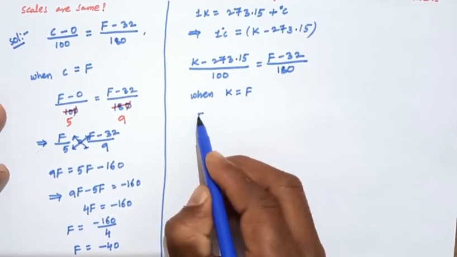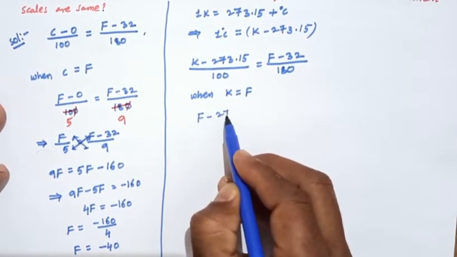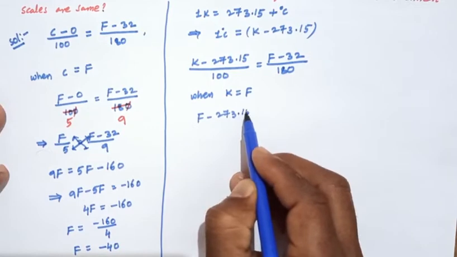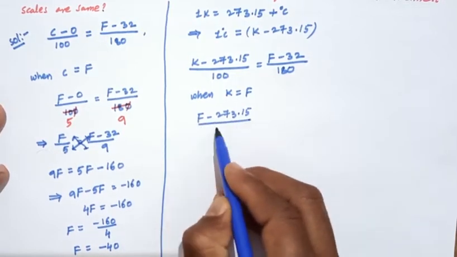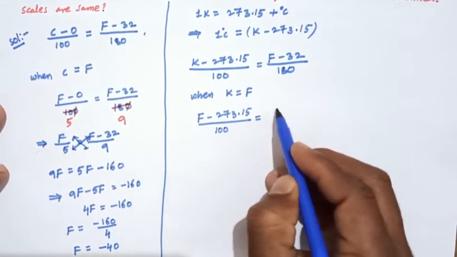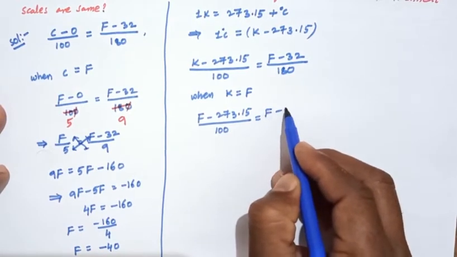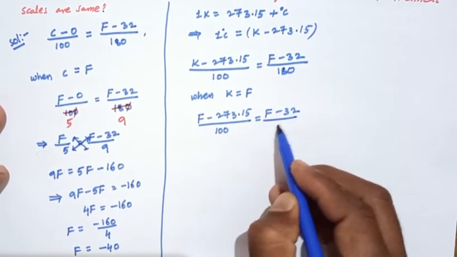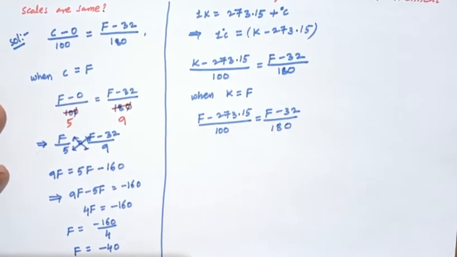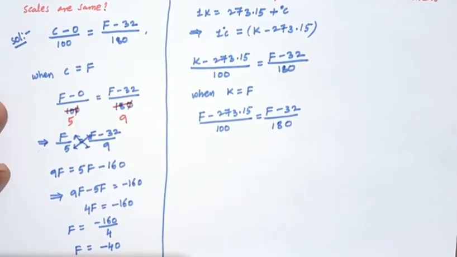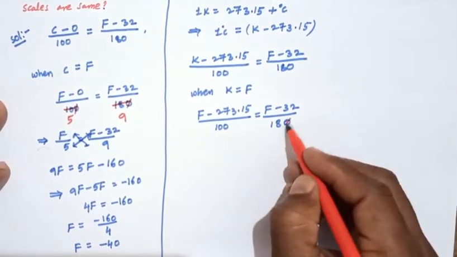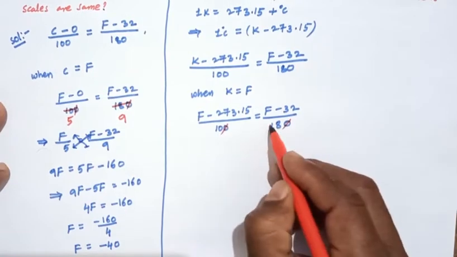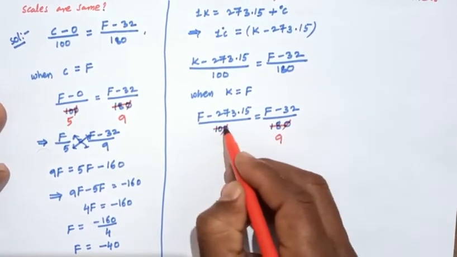So (F minus 273.15) divided by 100 equals (F minus 32) divided by 180. Cancel the 0 and 0, 2 nines and 2 fives.